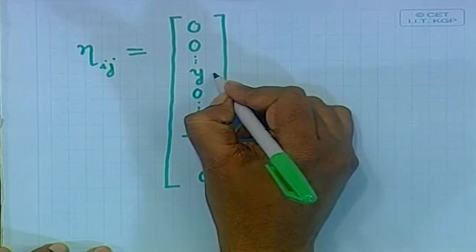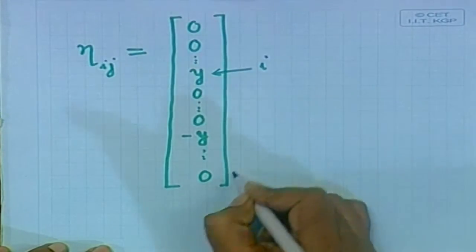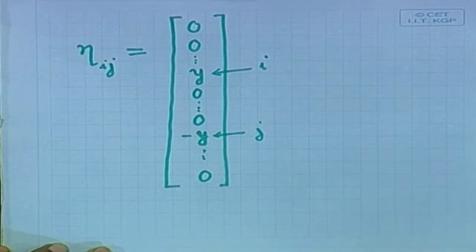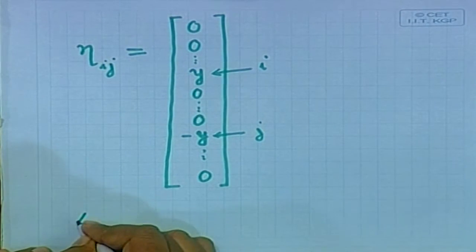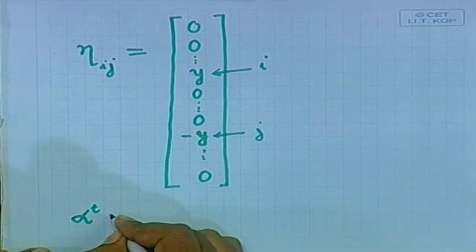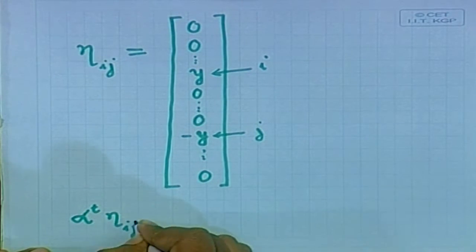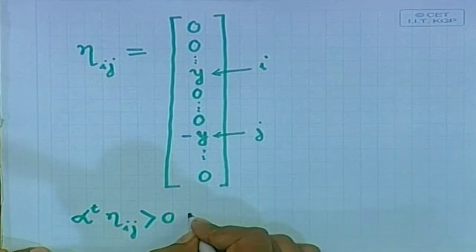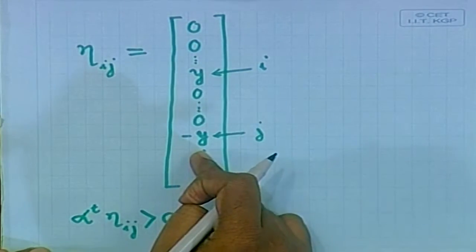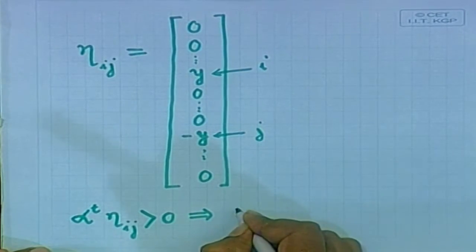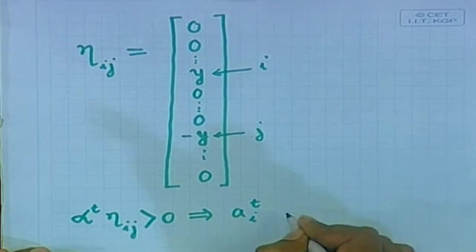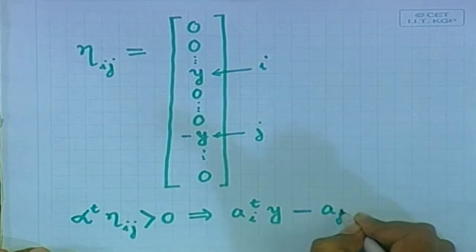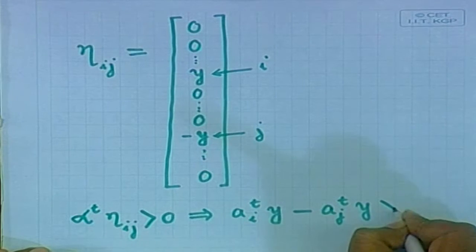Here this is my ith component and this is my jth component. Is that okay? And alpha transpose eta ij greater than 0 is equivalent to ai transpose y minus aj transpose y being greater than 0.